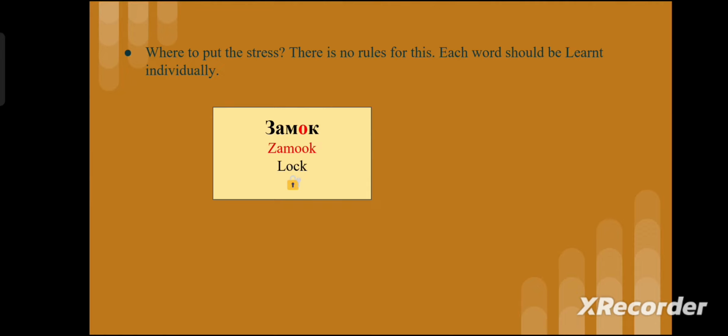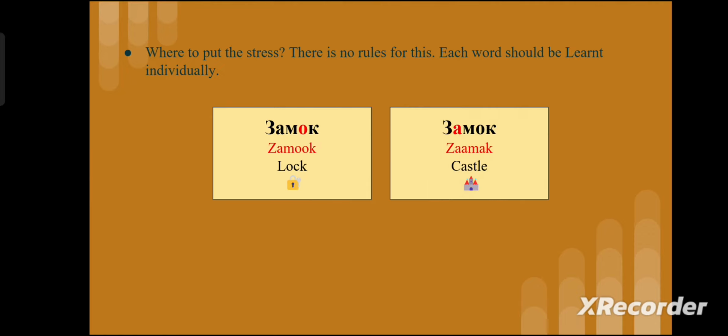Let's look into some examples. Here we have zamok. Zamok, it means lock. In the first word zamok, we have the stress on the letter O. And look into the second example. Here we have zamak.